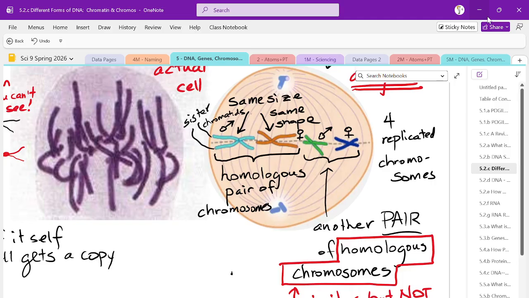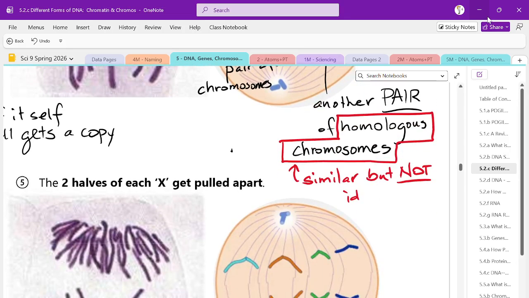Okay, back here. Let's go. Homologous chromosomes are similar but not identical. So those chromosomes might have the eye color gene, the hitchhiker's thumb gene. Both of them will have those genes. But they don't have to be identical because maybe you got a green-eyed gene from mom and a blue-eyed gene from dad.